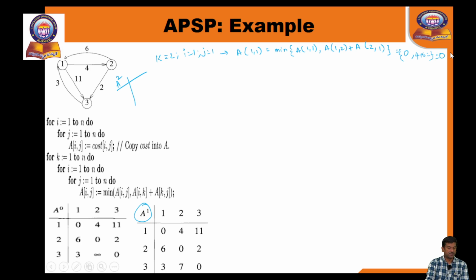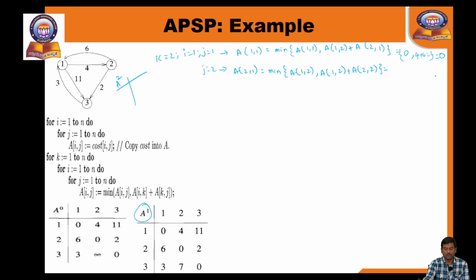So that is what is included in A11, and the value of j will be incremented by 1, that is A of 1 comma 2, the minimum of A of i j, i equal to 1, j equal to 2, comma A of i k, i equal to 1, k equal to 2, plus A of k j, k equal to 2, j equal to 2.